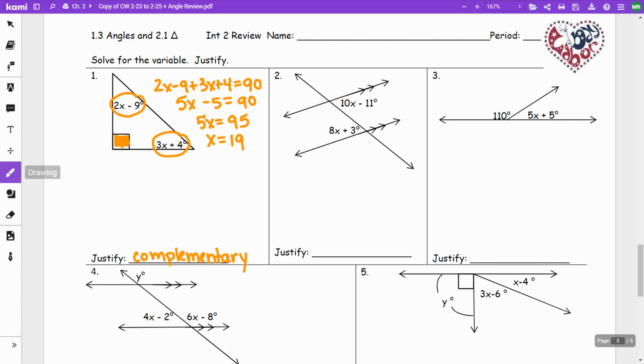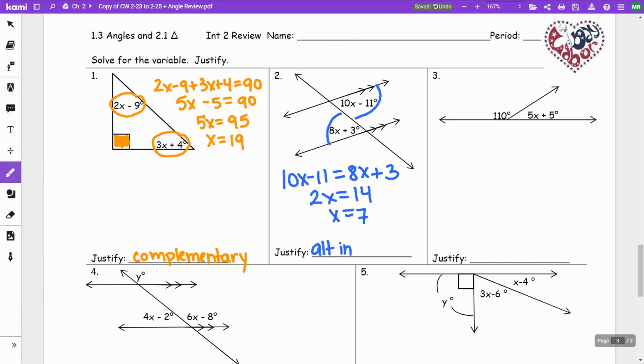On the next one, we are dealing with parallel lines cut by a transversal, and alternate interior angles are congruent. So 10x minus 11 is equal to 8x plus 3. We're going to solve that, and we get x equals 7. Again, alternate interior angles congruent.